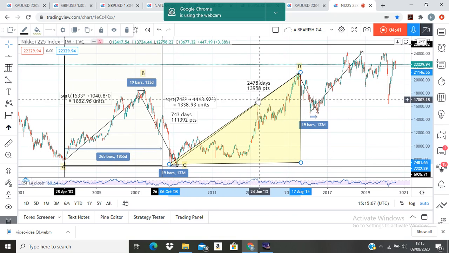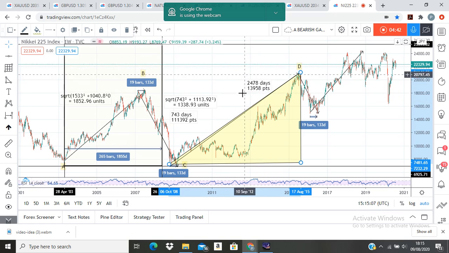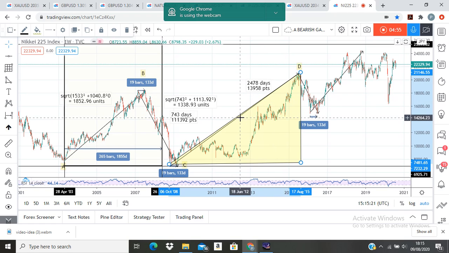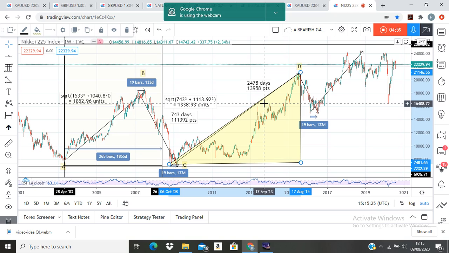Now this swing had a total of 2478 days, and the price advance total was 13958 points. As we said, we divide all our price values by 10 just to square out with the time range.